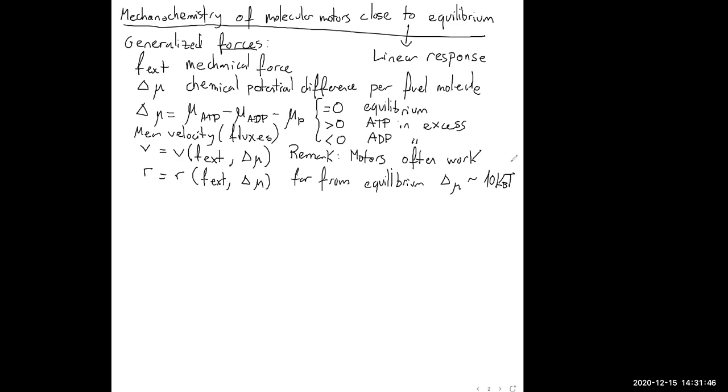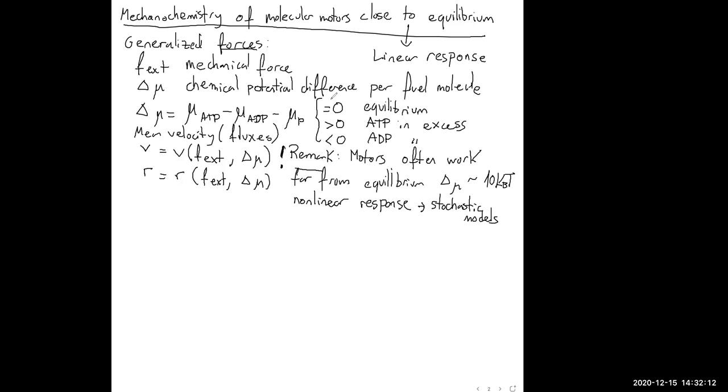In this case, there won't be a linear relation. It won't be linear response. There will be non-linear response, and we will need to use stochastic models. But for now, this is a remark, something you have to take into account.